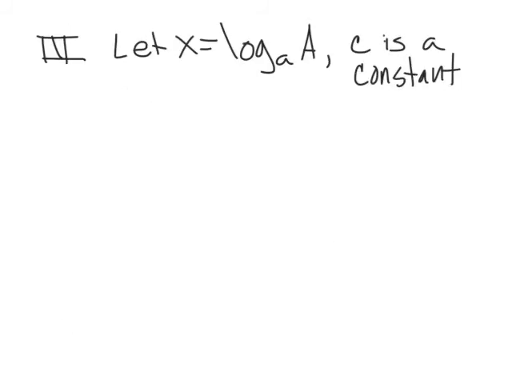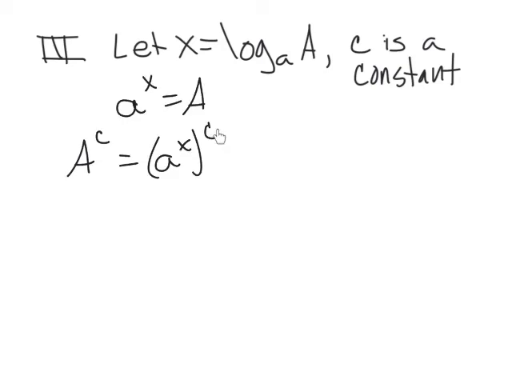So now we're going to derive the third and final law. We're going to let x equal log to the base a of a, and c is now a constant. So I'm only dealing with the one expression. If I rewrite that, we have a to the x is equal to a. Now I'm going to raise a to a power of c, so I have a to the x raised to a power of c. Raising a power to a power, you multiply the exponents. So I have a to the c equal to a to the c times x.